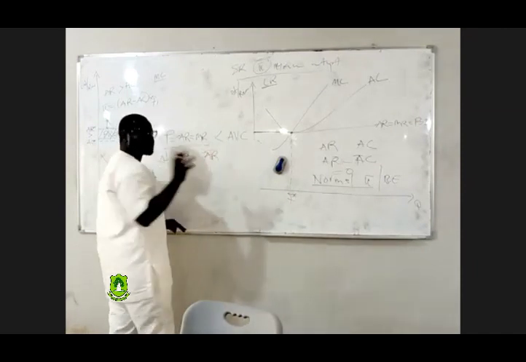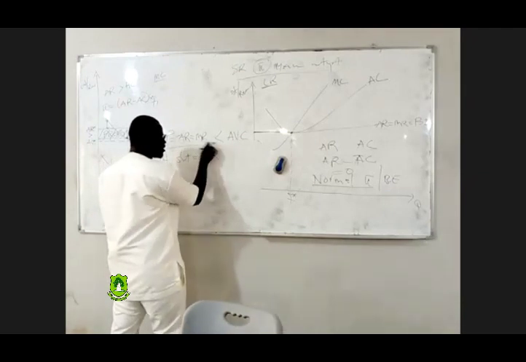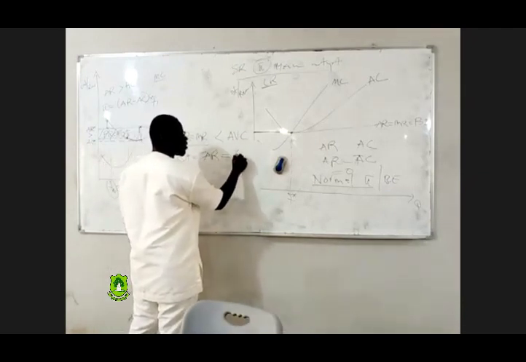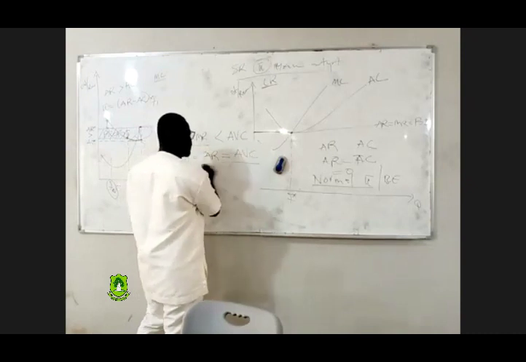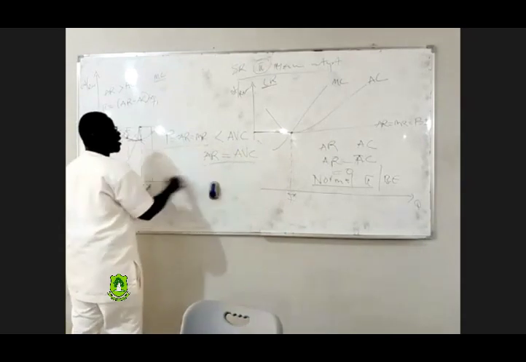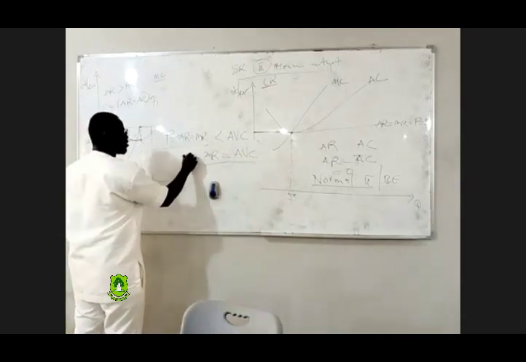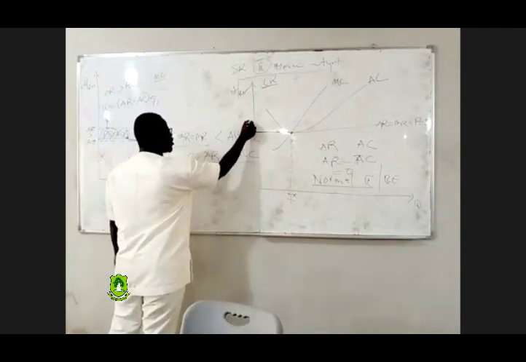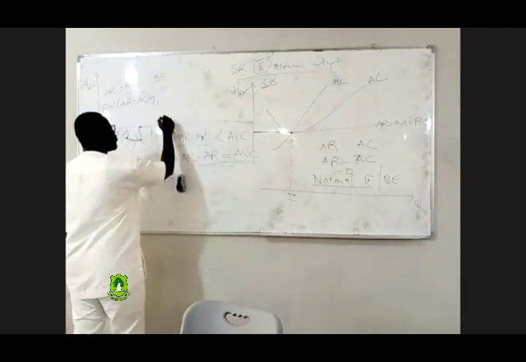In other words, the critical point is where the average revenue is equal to the average variable cost. I'm just shortening it because I don't want to write the other ones, which is the marginal revenue or price. So this is the shutdown point.